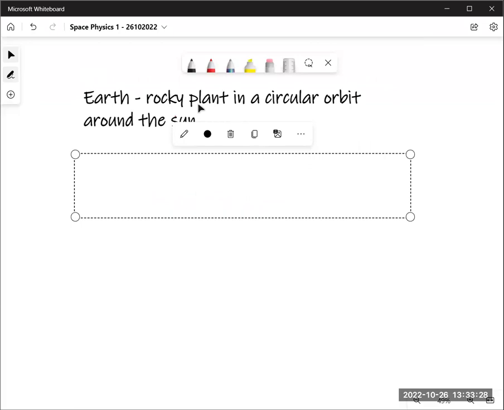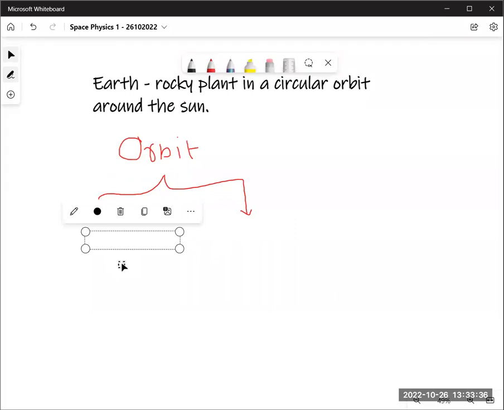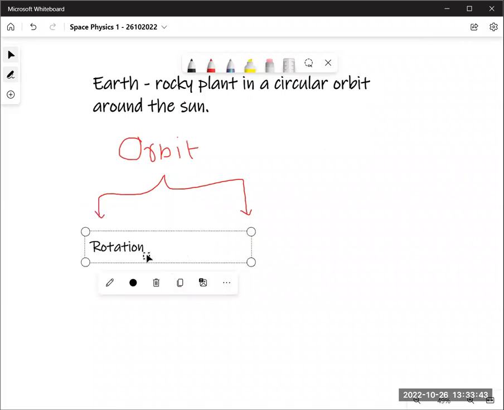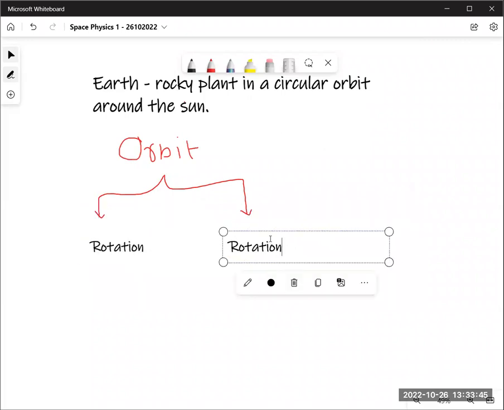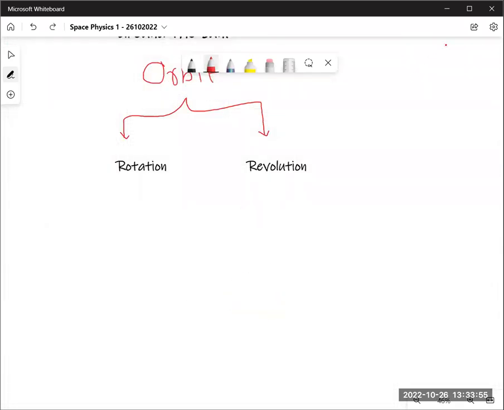So what does the orbit mean? Orbit includes two things: rotation and revolution. Rotation causes day and night. Let's just say rotation, and revolution. What does this mean? Well, if you have the sun in the middle, right here, that's your sun.